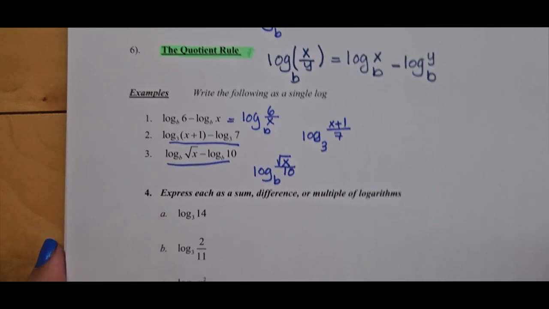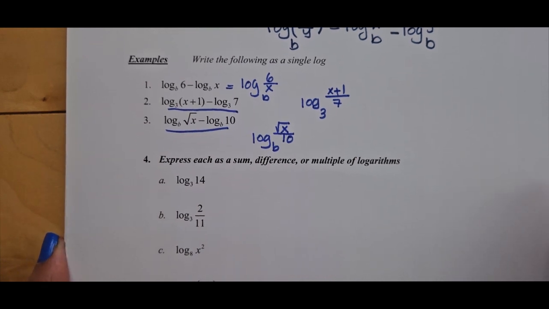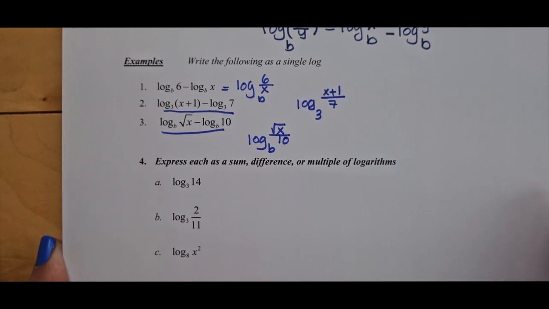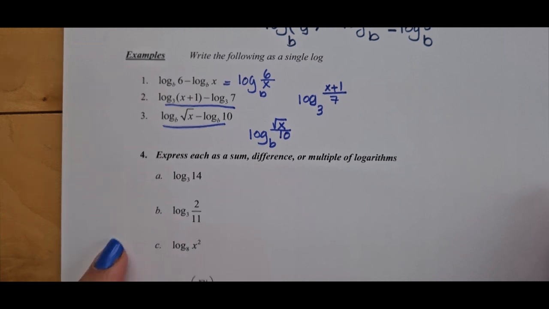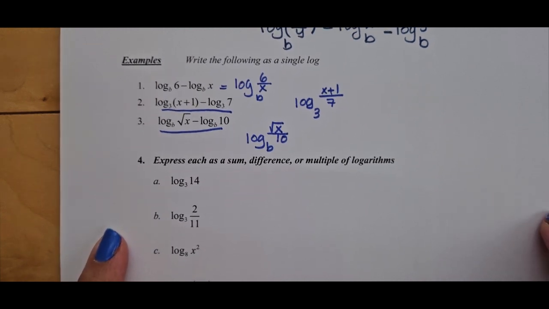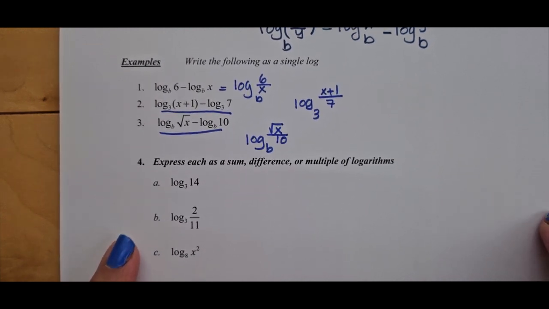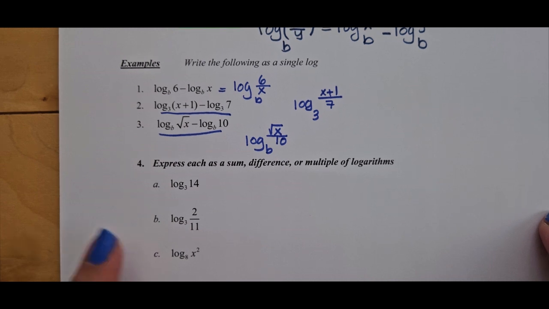Okay, now the next question is asking you to express each of these practice questions as a sum, difference, or multiple of logarithms. So the next question is asking you to use your knowledge, whatever you learned so far, okay?